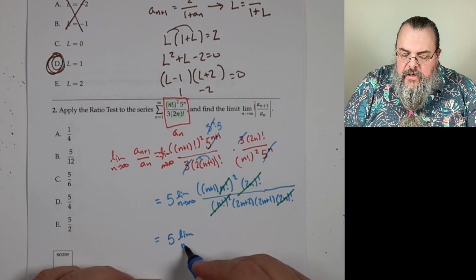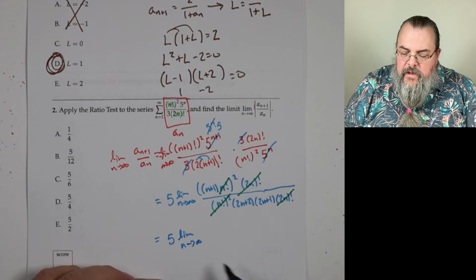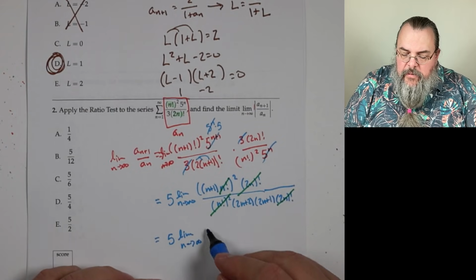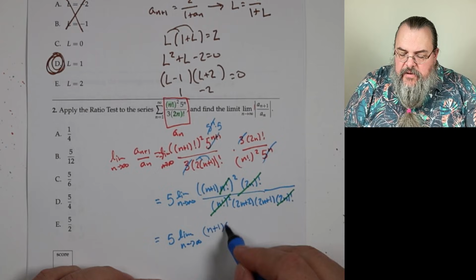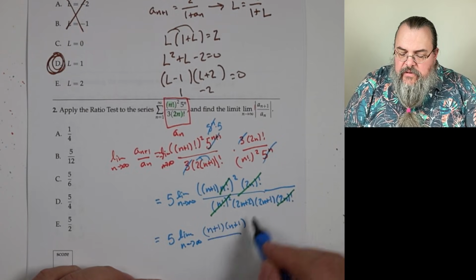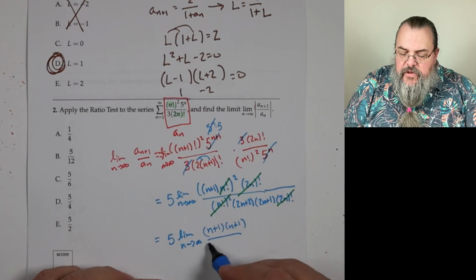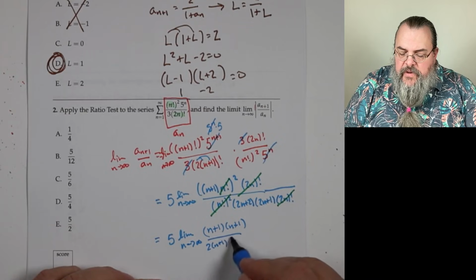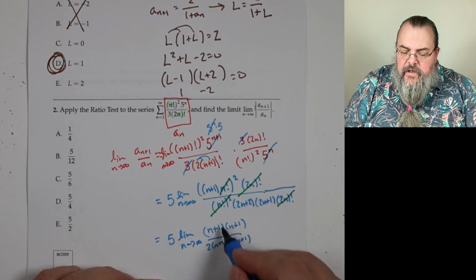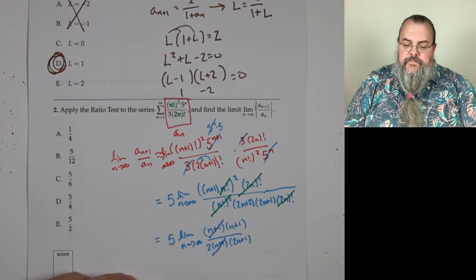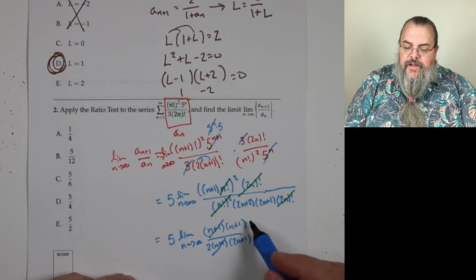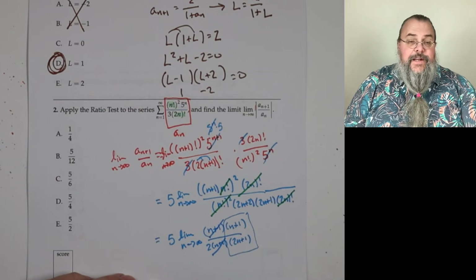Upstairs, well, we have an n plus 1 times an n plus 1. Now downstairs, we have 2n plus 2, which is really 2 times n plus 1, and 2n plus 1. You can cancel off an n plus 1.